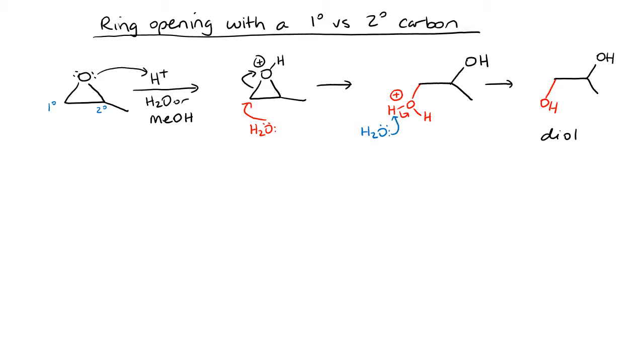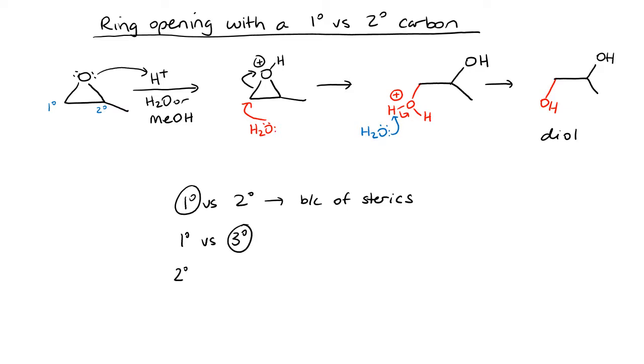So to summarize, with this type of ring opening, if our epoxide is unsymmetrical and we're dealing with a primary versus a secondary carbon within the epoxide, the nucleophile is going to choose the primary carbon, and that has to do with sterics. Now, if we're dealing with primary versus tertiary, because the tertiary carbon forms such a stable partial positive charge, it's going to choose the tertiary carbon.